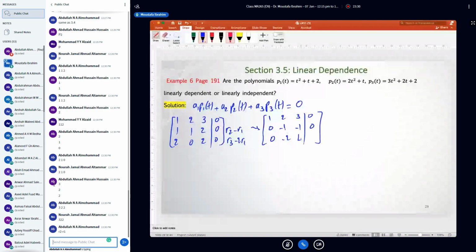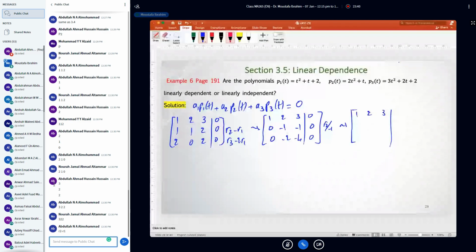Now we divide R2 by minus 1. 1, 2, 3, 0. 0, 1, 1, 0. 0, minus 2, minus 4, 0. I have the second leading one.